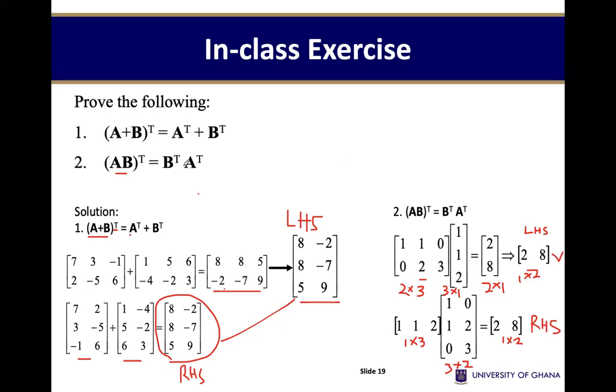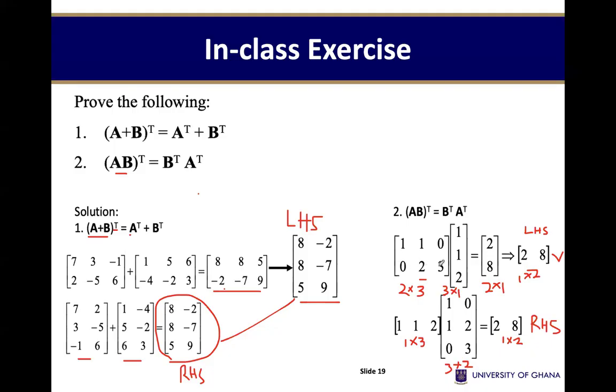Now when I come to the right-hand side, the right-hand side says that pick the B, which is 1, 1, 2. Transpose it. If I transpose column 1, 1, 2, I'm going to get row 1, 1, 2. Then pick the A, which was 1, 1, 0, 0, 2, 3, and transpose that particular A. If I transpose the A, the whole of this first row will become a first column here.